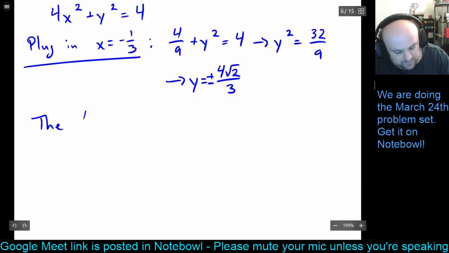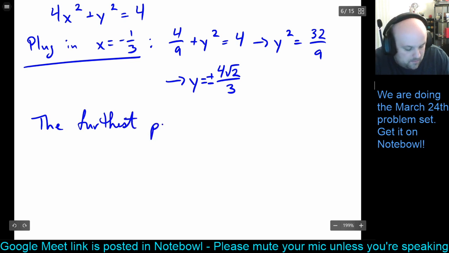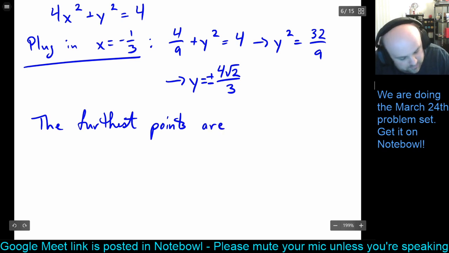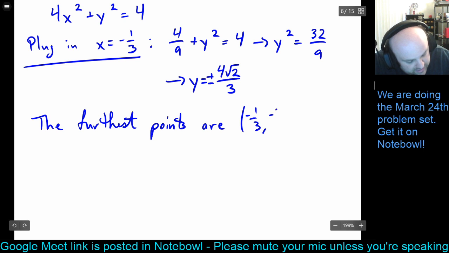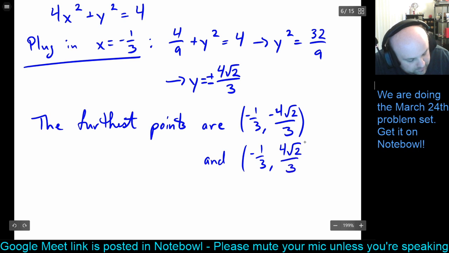So the furthest points are, we have negative 1/3 and negative 4√2/3, and negative 1/3 and positive 4√2/3.